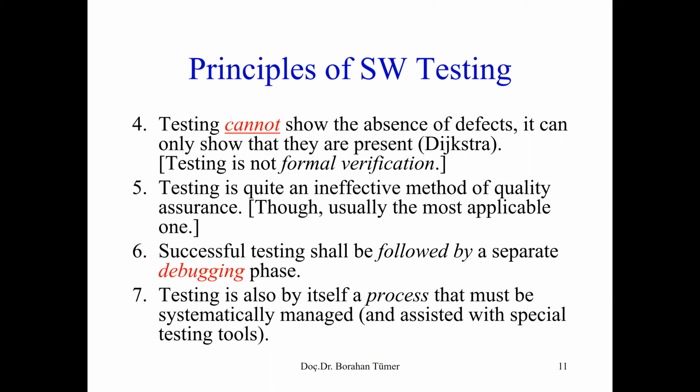We have to remove the problem. And the seventh principle of testing is that testing is also by itself a process that must be systematically managed and assisted with special testing tools, because systematic testing is extremely important. You don't want to test a portion of the software product that you have already tested, or miss a portion of the software product to test if you didn't intend it.